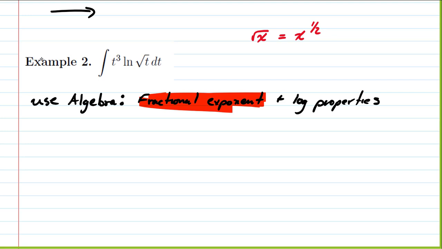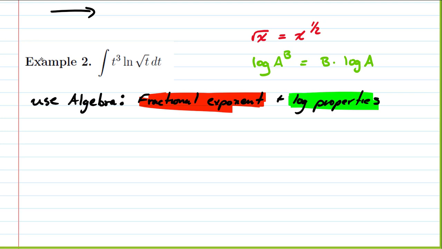We have our log property that we want to use, which is if we have the logarithm base a of a raised to the b, this is the same as b times the logarithm of a. That's our power rule for logarithms, which states if we have an exponent on the argument of a logarithm, that is the same as the product of the exponent and the logarithm.